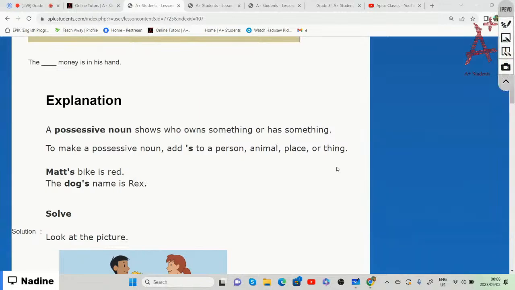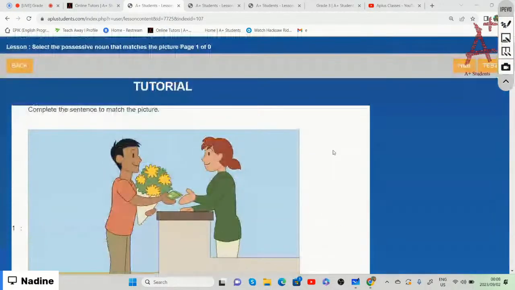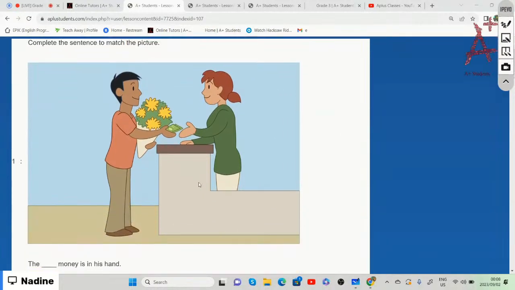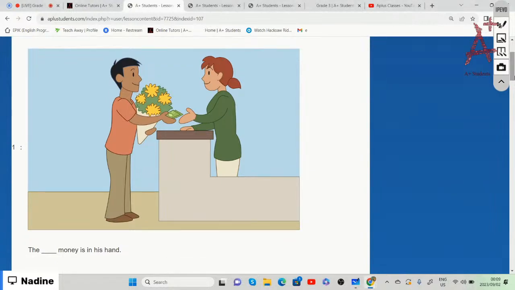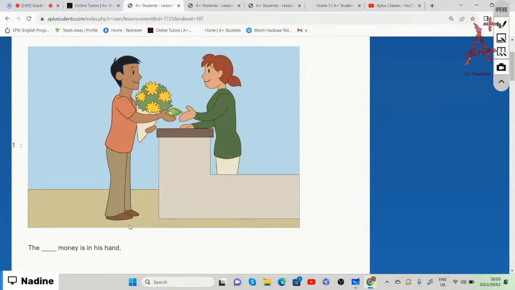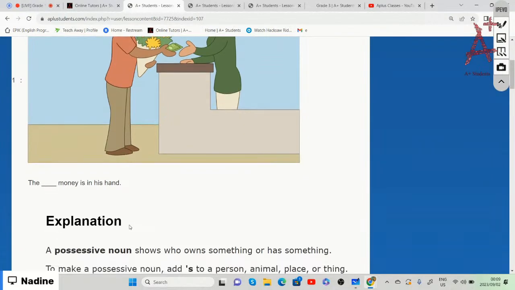All right. So now we are going to select the possessive noun that matches the pictures. If you look at the picture in front of us, the money is in his hand. So we need to say whose money is in his hand.